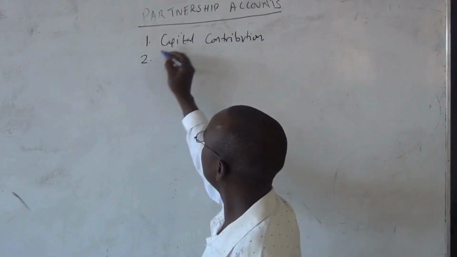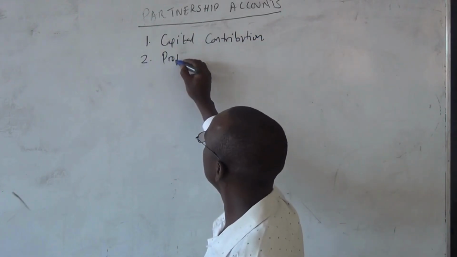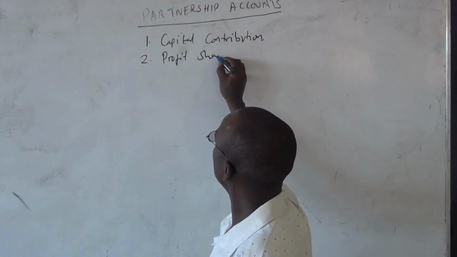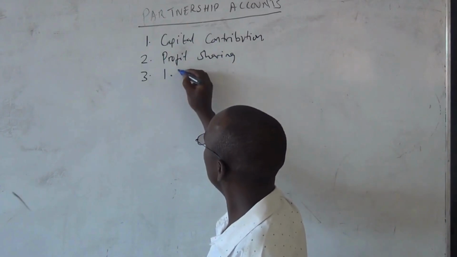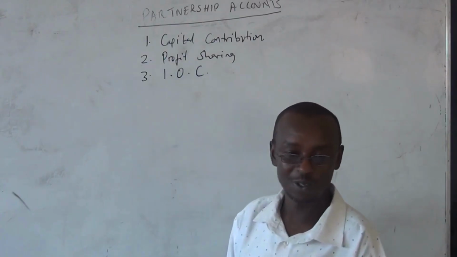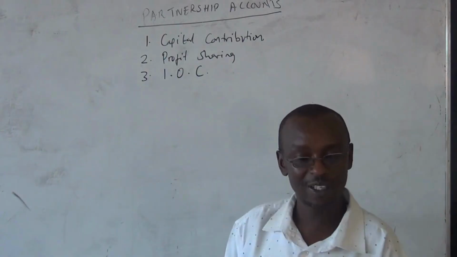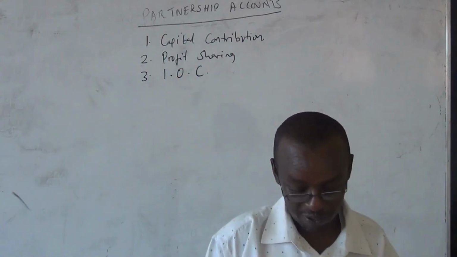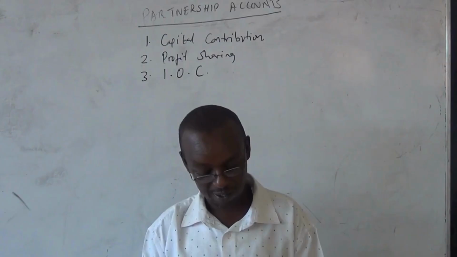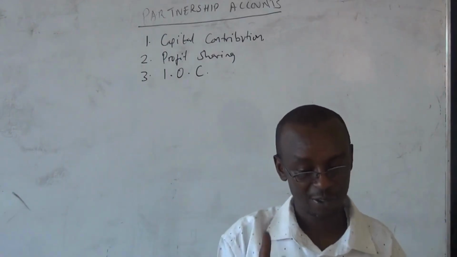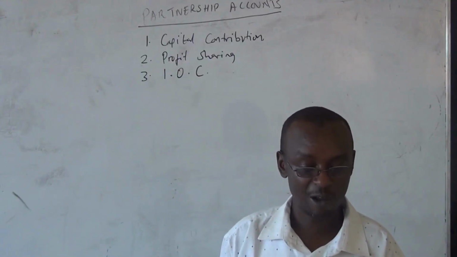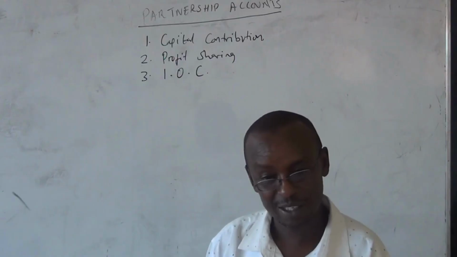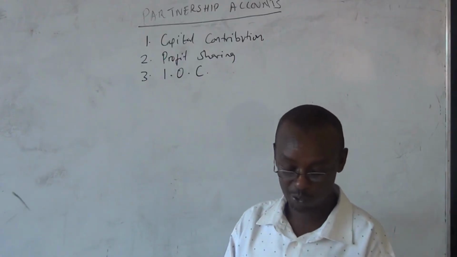Number 2, profit sharing. Number 3, interest on capital. So we shall agree that because you have invested 1 million in this business, every year you'll be getting 5% or 10% or any percentage of that money as interest on your capital.